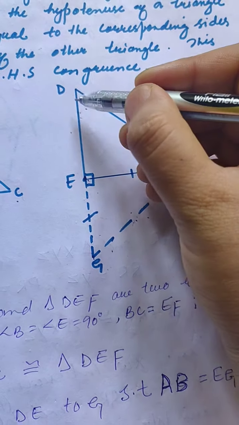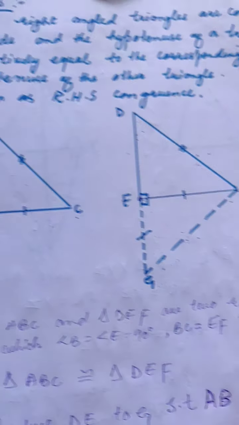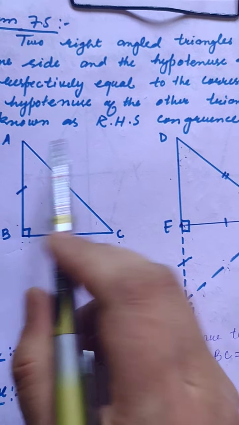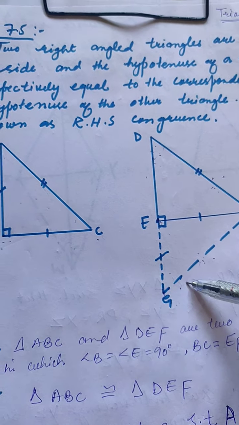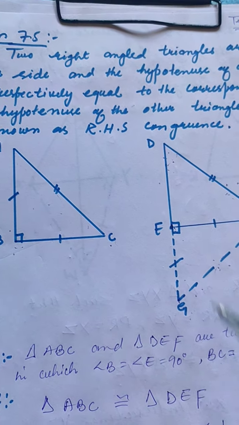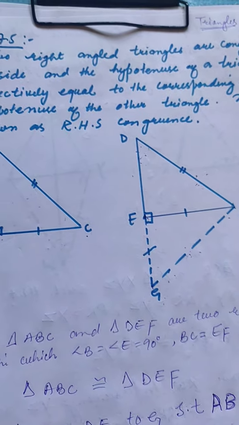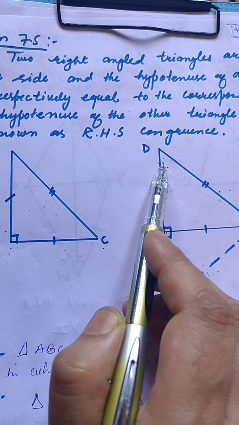I have proved that angle D is equal to angle G because equal sides have equal opposite angles. So when I combine these, angle A is equal to angle G, angle G is equal to angle D. Here, when I combine these two conditions, I get angle A is equal to angle D.